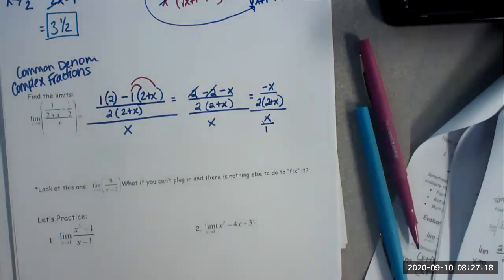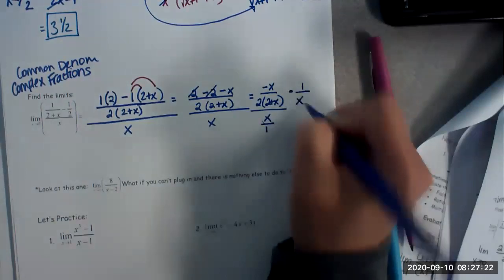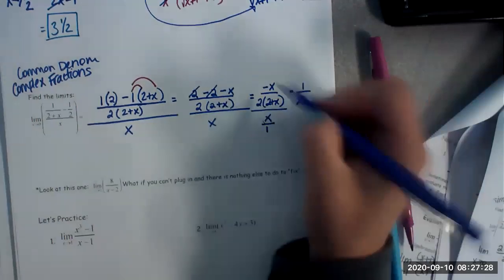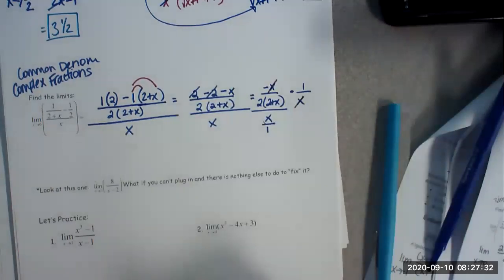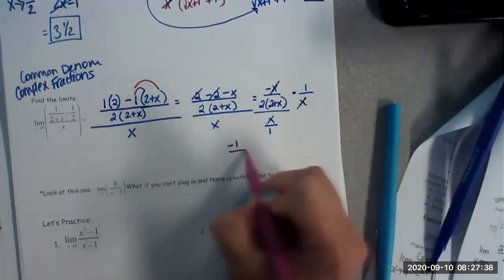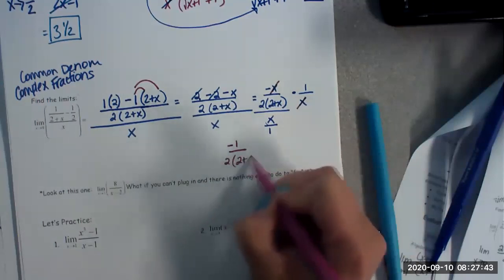What's the reciprocal of x over 1? 1 over x. So now I can cross out those two x's. And I know y'all probably barely have room for this. So then we have negative 1 on top, and we have 2 times 2 plus x on the bottom.